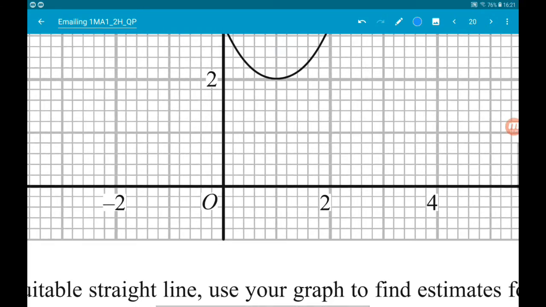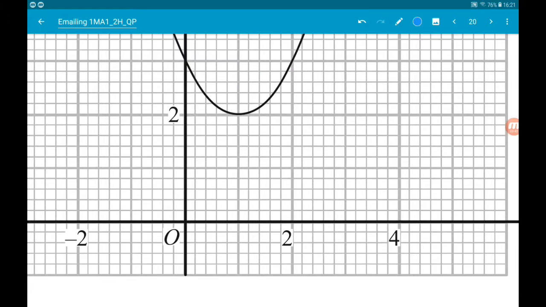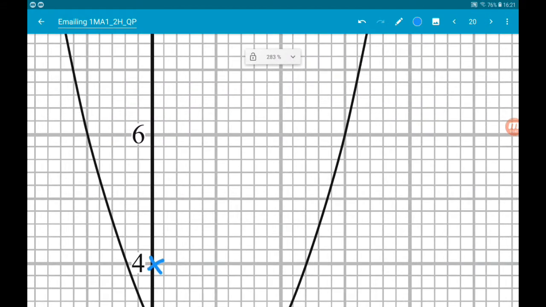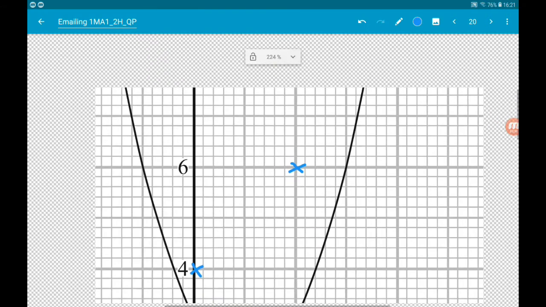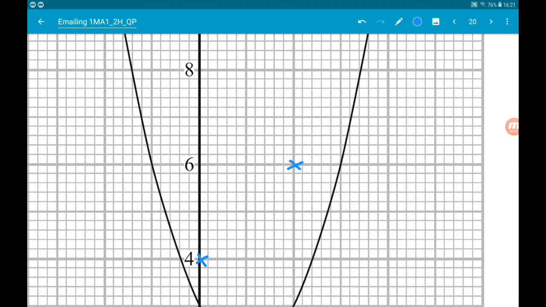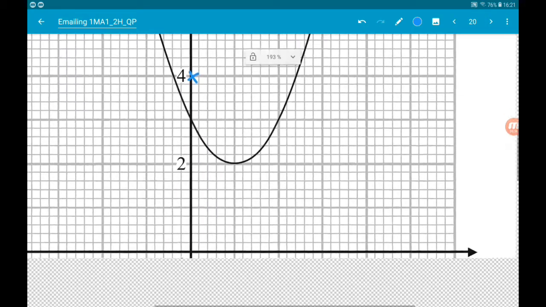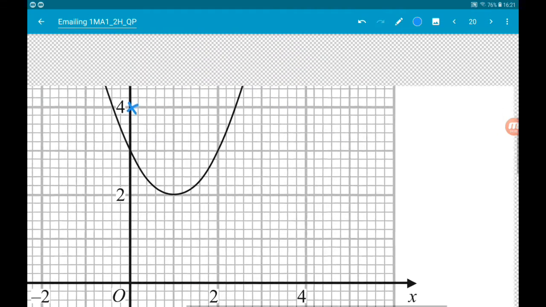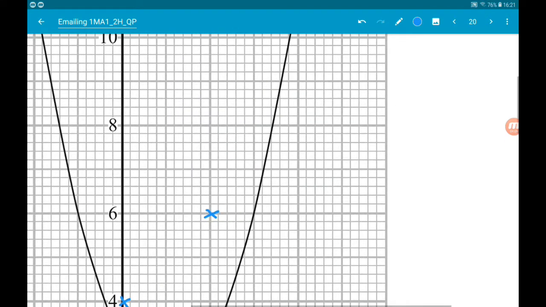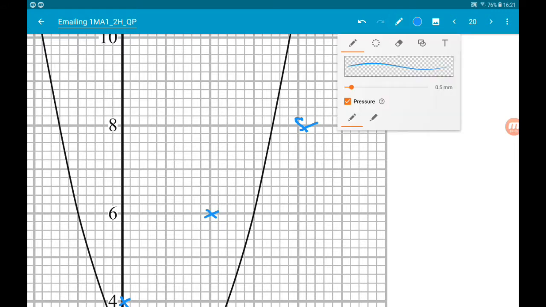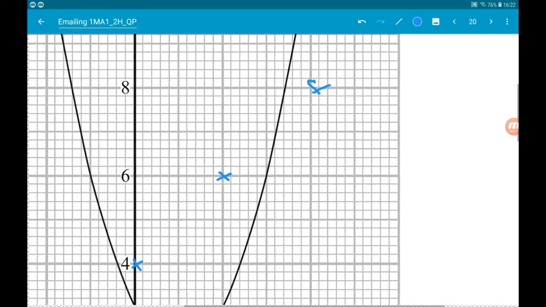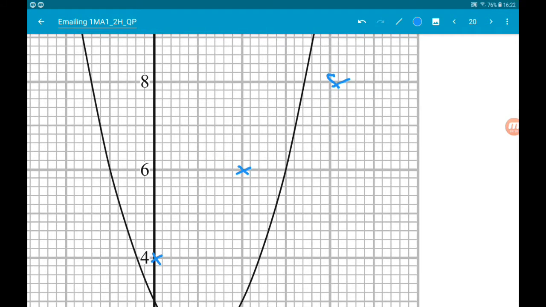So we could say when x is 2, y is 2 add 4, which is 6. So that's there. And do 3 just to be sure. When x is 4, y will be 8. Okay. Now, let's attempt to join those points with a straight line. Probably won't go very well, but we'll have a go.